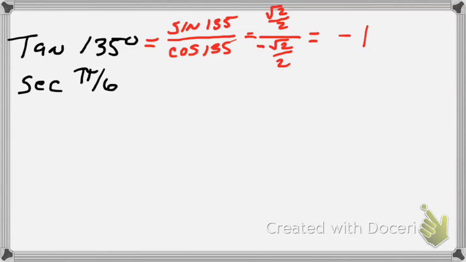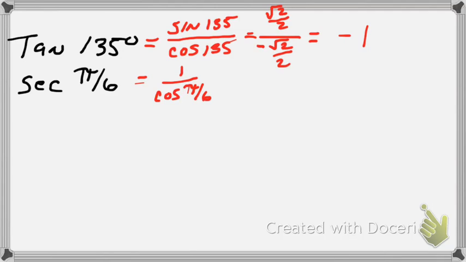Secant pi over 6. Well, we have to know what a secant is. The secant is the flip of the cosine. So first we have to find the cosine of pi over 6, and then we have to flip it. See how this gets just a little more difficult? But since we're going slow and methodically, we should be able to handle the increase in difficulty. So it's the flip of the cosine.